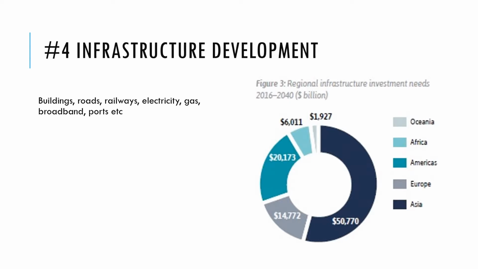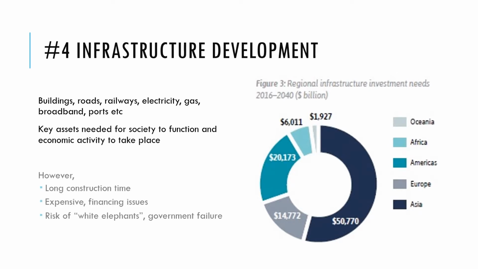This is building roads, railways, electricity, gas, broadband, ports, etc. And these are key assets for society to function and economic activity to take place. However, in terms of evaluation, there are long construction times, it's expensive, and how do we finance these projects? And we have the risk of what's known as white elephants, projects that actually are not useful, not effective.